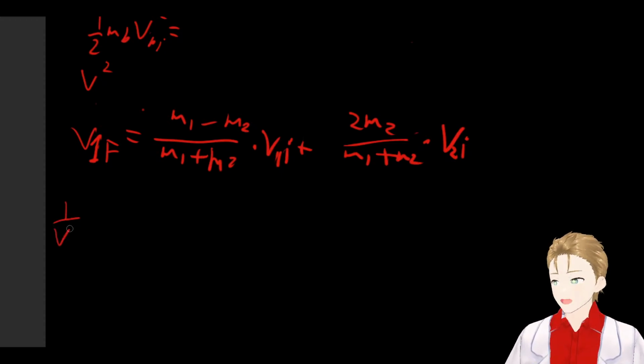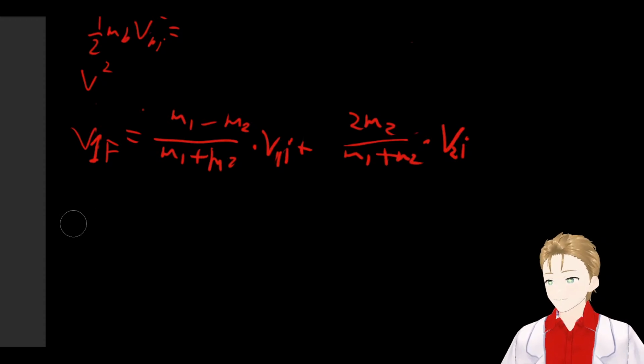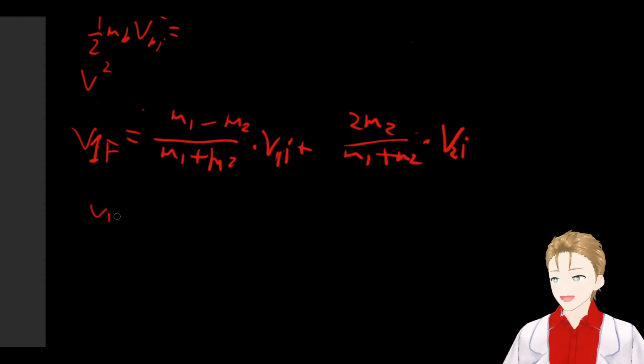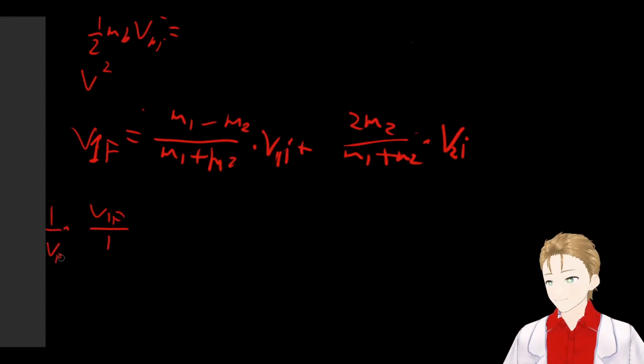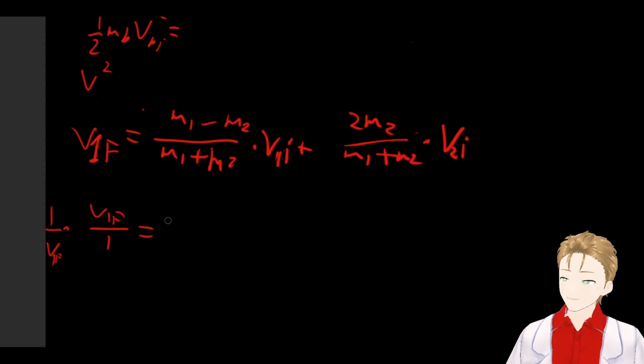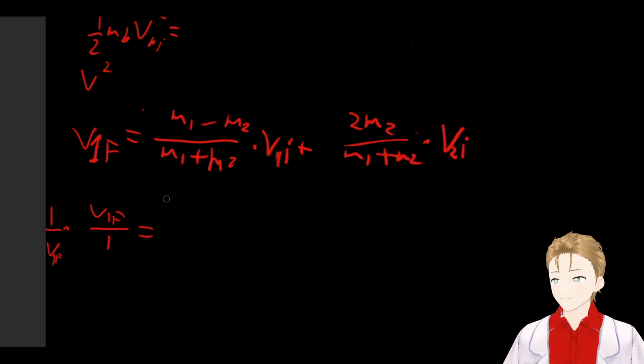One over v1 f over 1 times 1 over vf is equal to 1 over v1 f. Actually, times one over.